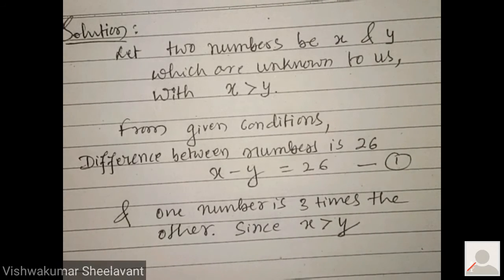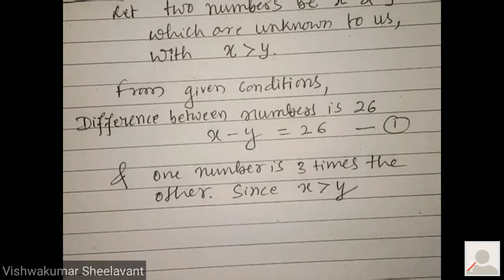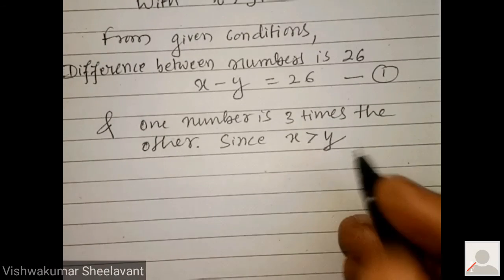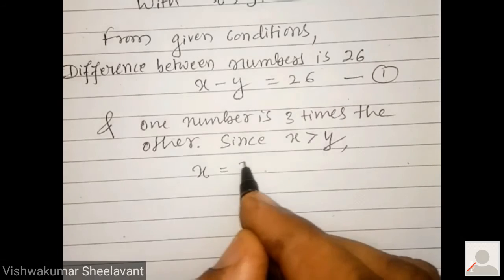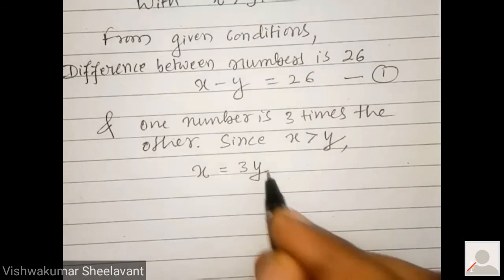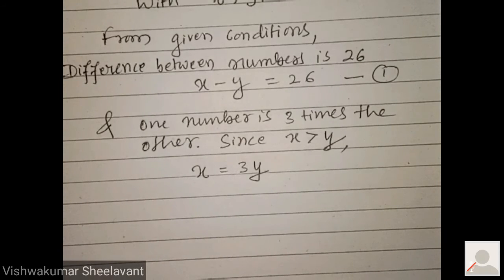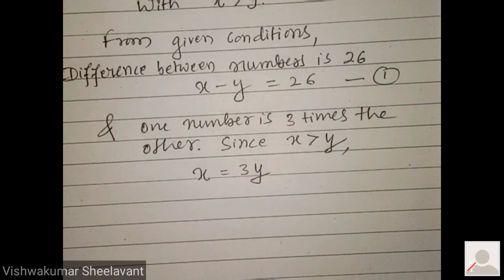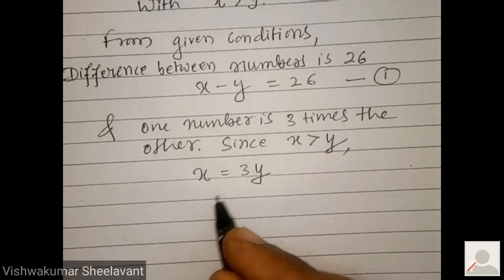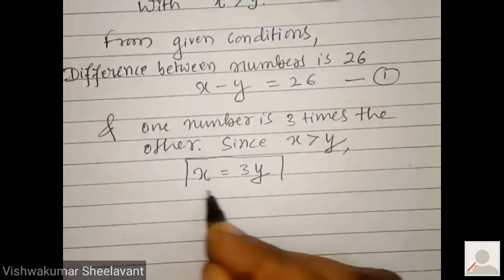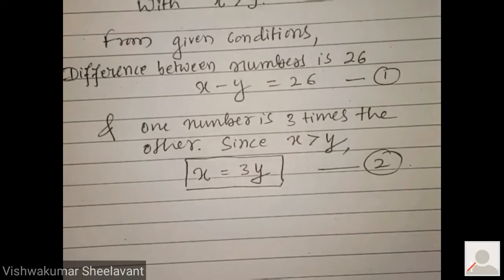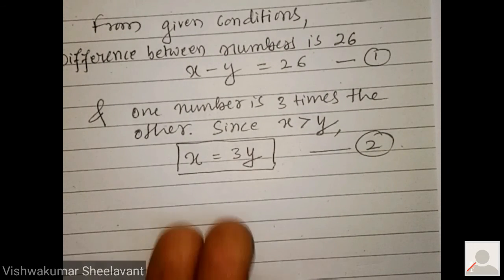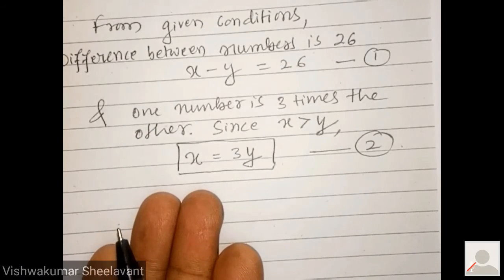Since x is greater than y, now x must be equal to 3 times y. This is second equation. Second equation is very direct now.